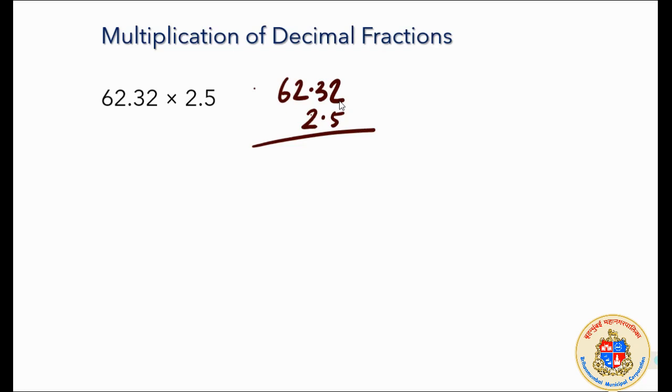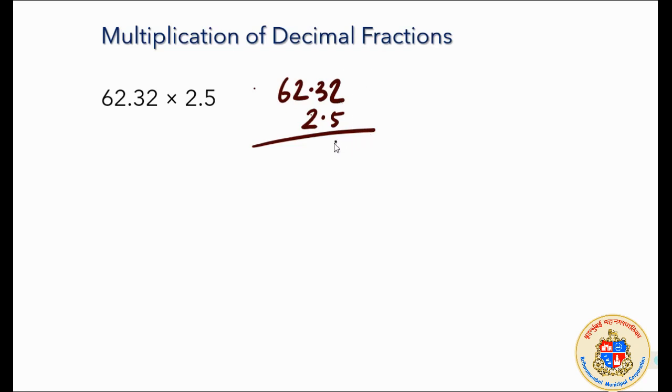Understood? Here we have to multiply simply 6232, with 2.5, I would say 25. So when you multiply simply with 25, what you get is later expressed in decimal form.